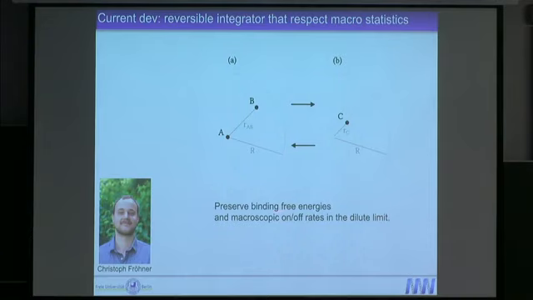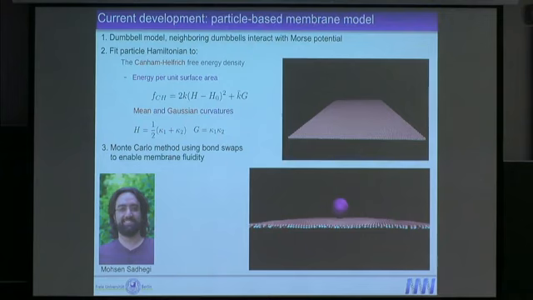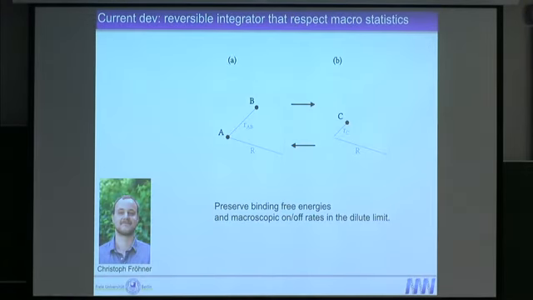So you want to get certain binding affinities or binding free energies and macroscopic on-off rates out of the simulation. In the dilute limit, where not everything is crowded and everybody is interacting with everybody, but let's say you have just two particles in your simulation, you want to get that statistics. This is something that the integrator should be able to give you. And then if you have crowding, you may have changes to those statistics, because that will affect the chemical potential.